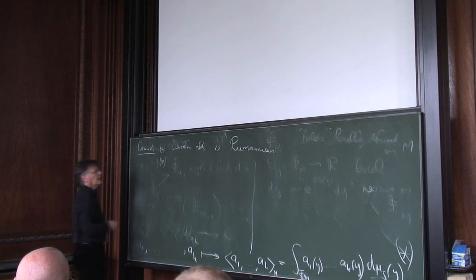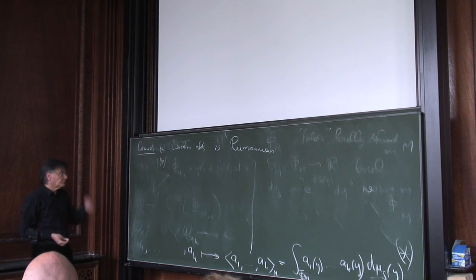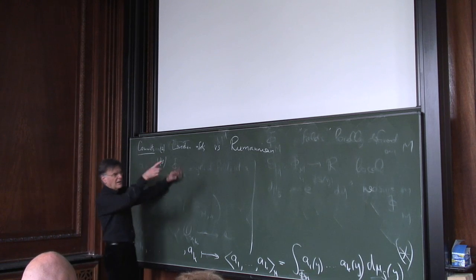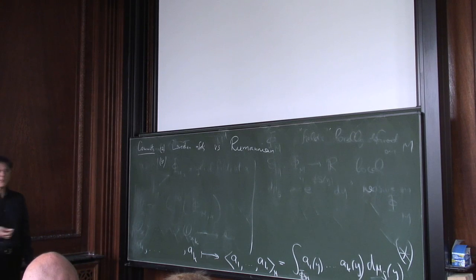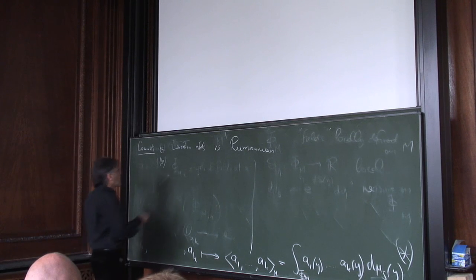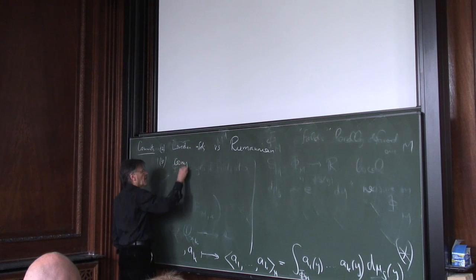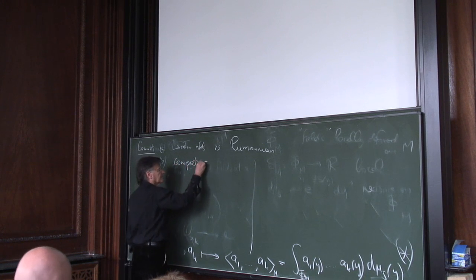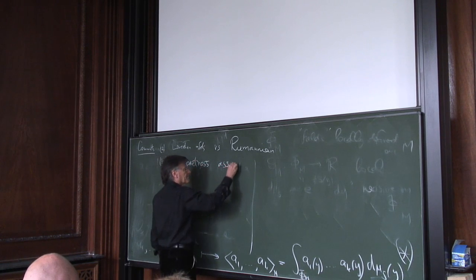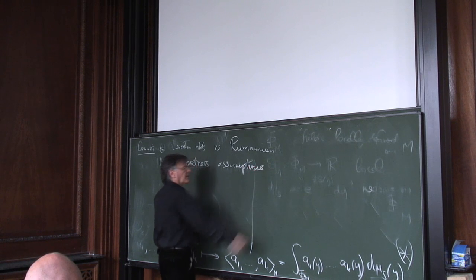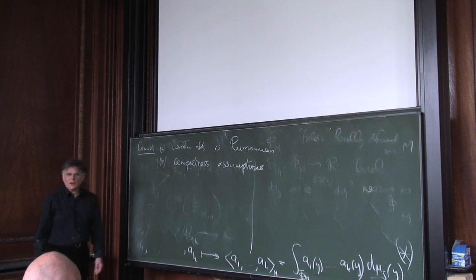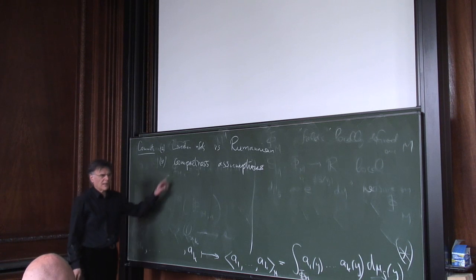The second one is, I assumed everything was compact. I talked about compact manifolds with boundaries, and so on. So the compactness assumptions. I'm not going to be talking about them very much today, at least. I hope I'll come back to them a bit later.